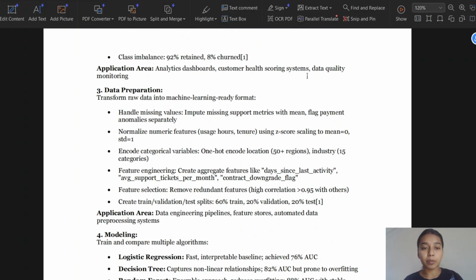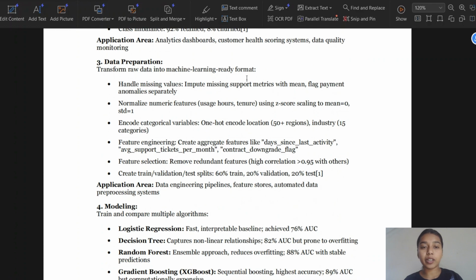Third is data preparation. Transform raw data into a machine learning ready format, that is, handle missing values and normalize numerical features using Z score scaling to mean 0 and standard deviation equal to 1. Encode categorical variables, one hot encoding location and industries. Fourth, feature engineering.